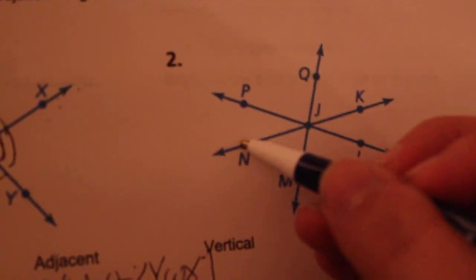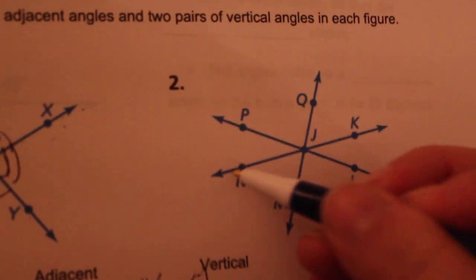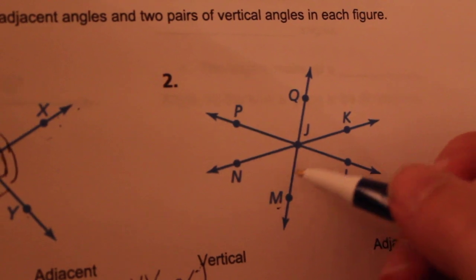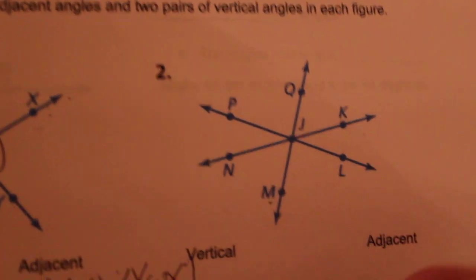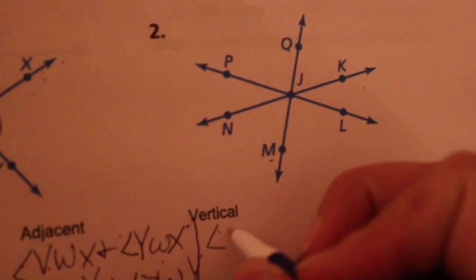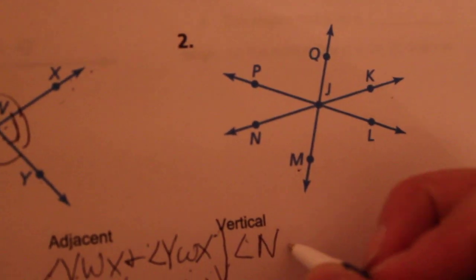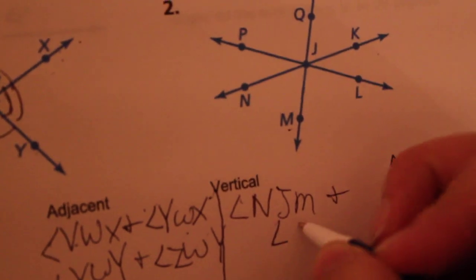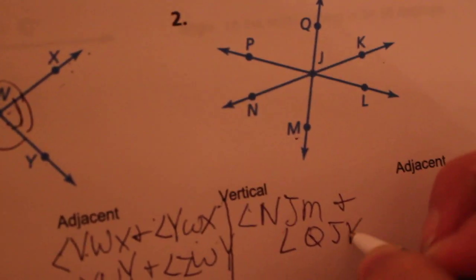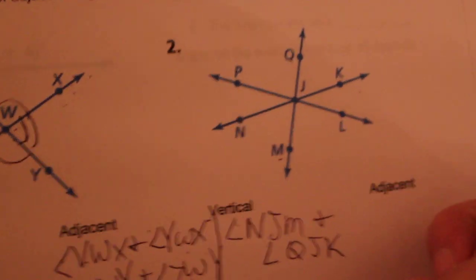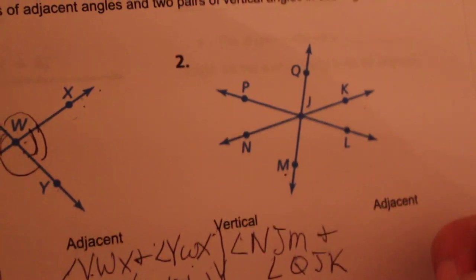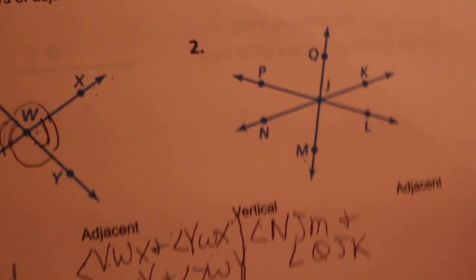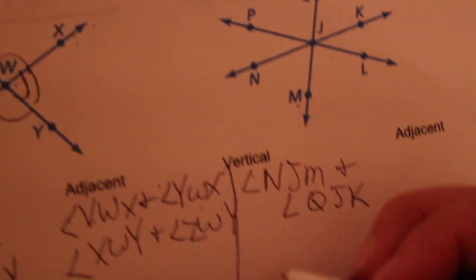I'm going to choose NJM and QJK. That's one pair. Another pair would be PJN.